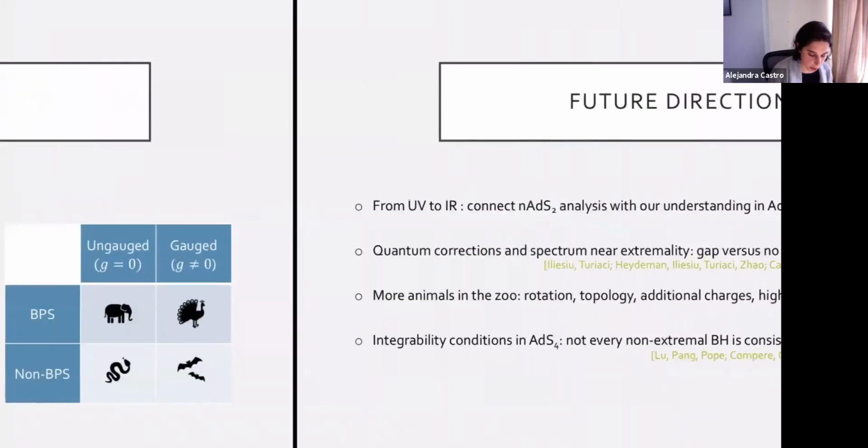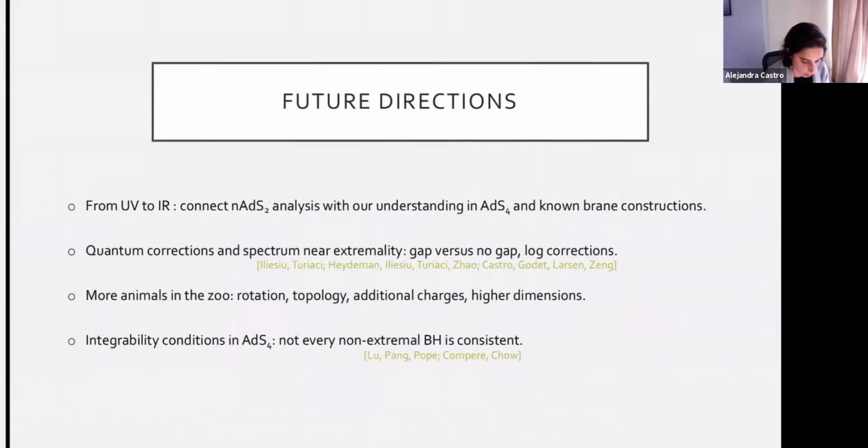And so, if you want to know how I'm thinking about the future and what I would do to address these aspects, the most obvious thing is that these near AdS2 geometries, of course, have a UV completion. I think it will be very interesting to understand how and when we can reproduce some of these results from the point of view of the UV and the CFT3 that is dual to it.